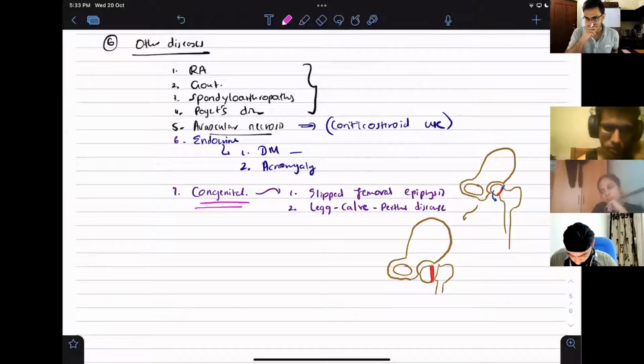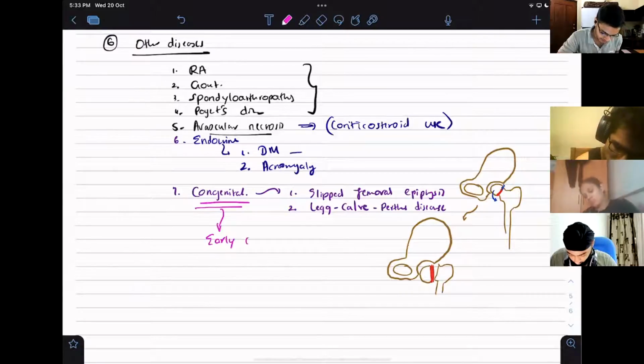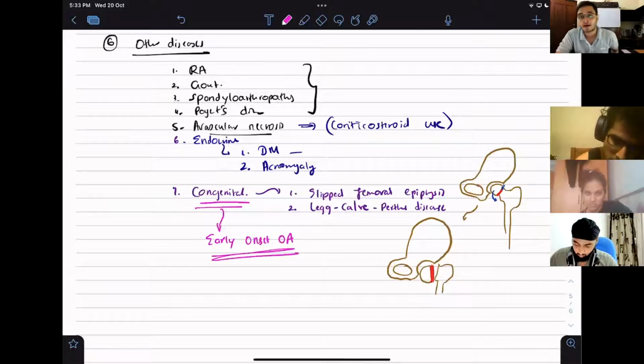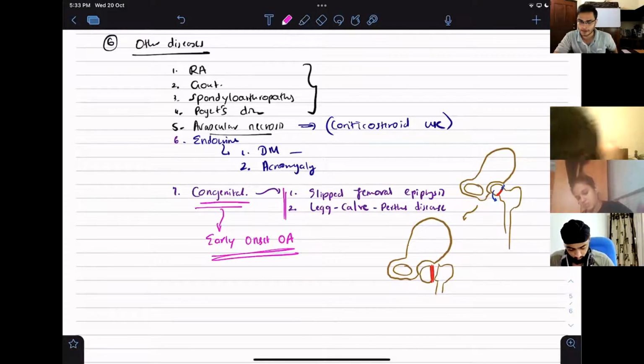No, these are congenital conditions that can give rise to early onset osteoarthritis. That means maybe somewhere in their teenage years, or young adulthood, maybe 20, 23, 24, they get osteoarthritis due to these congenital issues that they had.